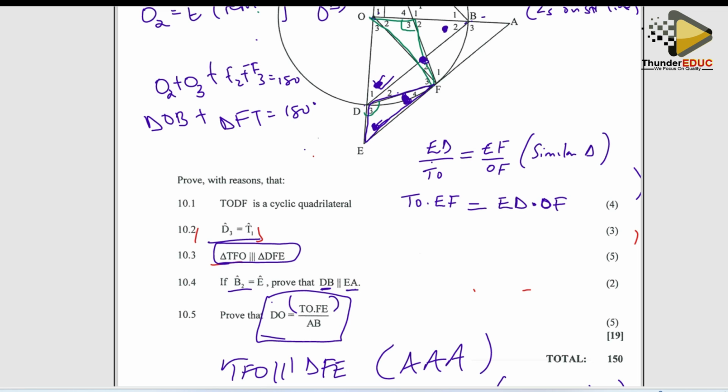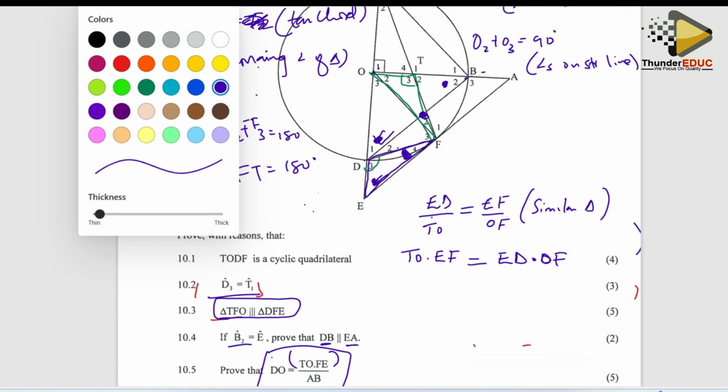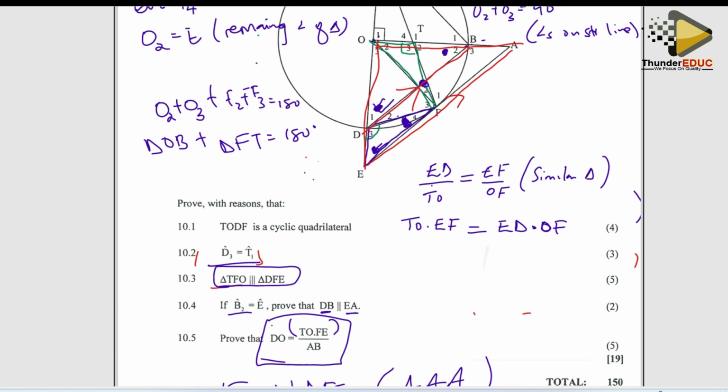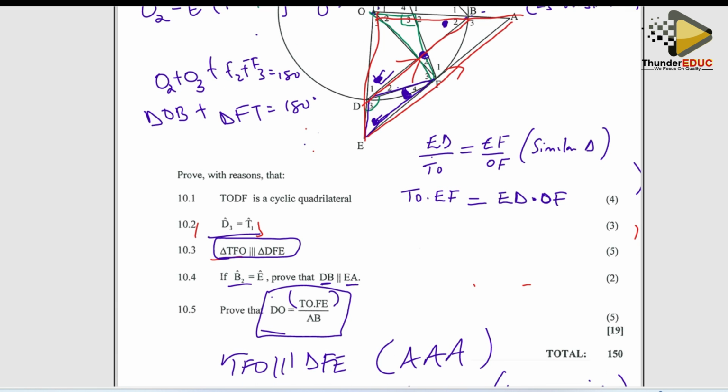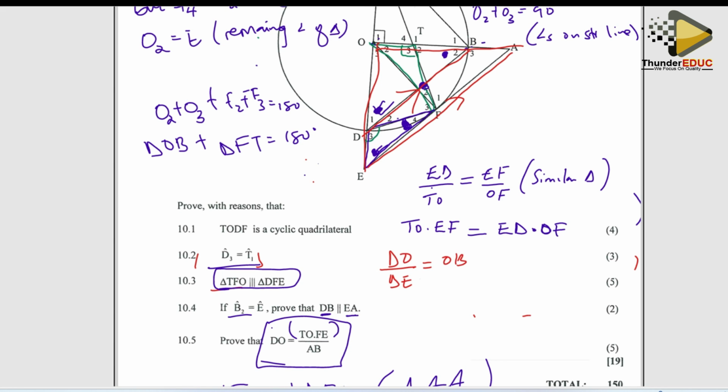Then what we're going to do? From the proportionality theorem, because remember we just proved that some lines are parallel. These lines here, they are parallel. So if I have this and that, I can say that my DO over DE is the same as OB over AB. The question wants us to make DO the subject.